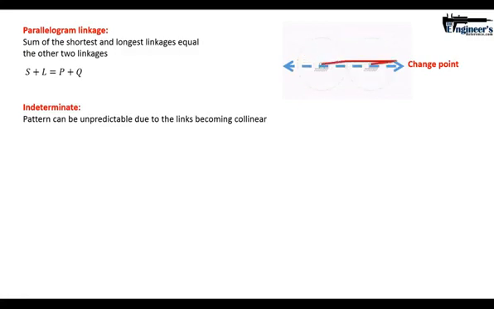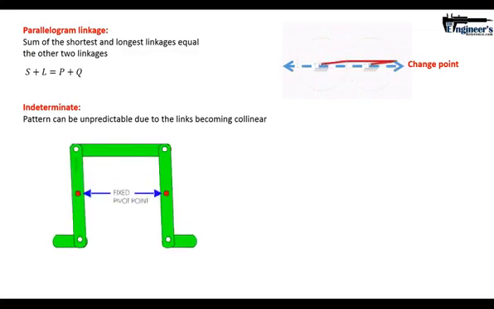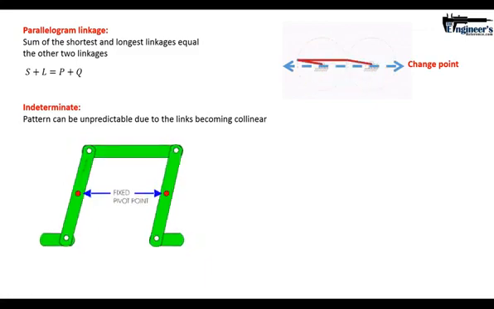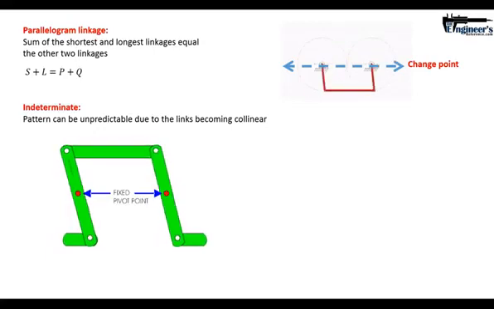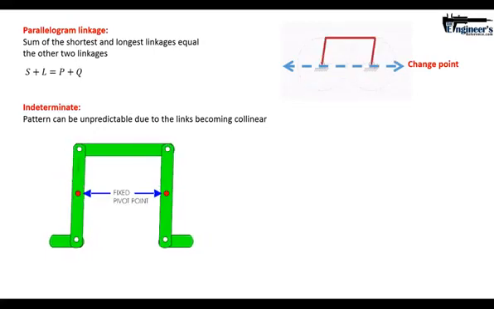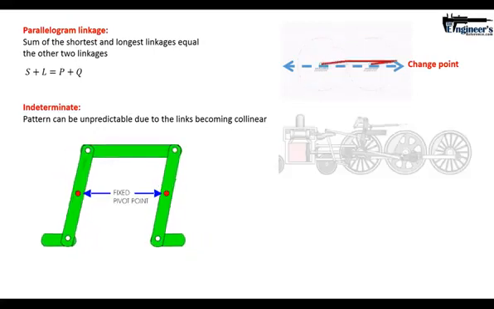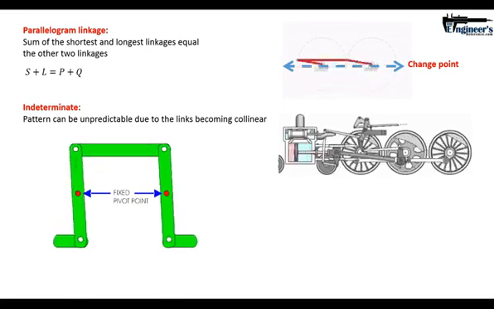But even so, this is still a very, very important design of a 4-bar linkage. And let me show you. If you take this and put a fixed point or control the motion of how this thing is going to rotate, you can actually use this in a lot of different applications. One is locomotion wheels.